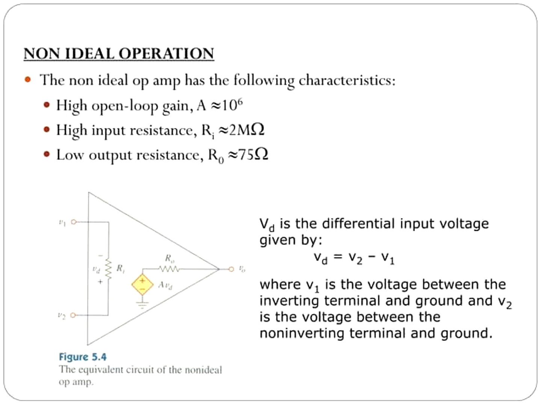Hence the input resistance should be very high, in the range of 2 mega ohms. And similarly, we have low output resistance or low output impedance, approximately 75 ohms. The differential input voltage VD will be equal to V2 minus V1, where V1 and V2 are the voltages at the inverting and non-inverting terminals respectively.